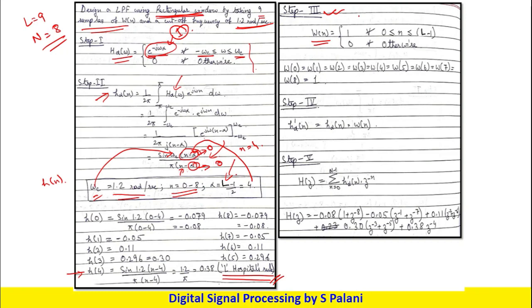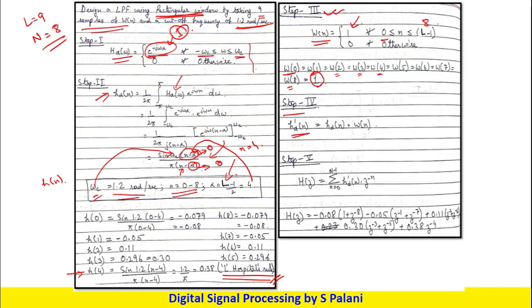The rectangular window has an amplitude of 1, and the n values would vary from 0 to 8. So that means W0 equals W1 equals W2 equals W3, and so on up to W8, we get a value of 1.